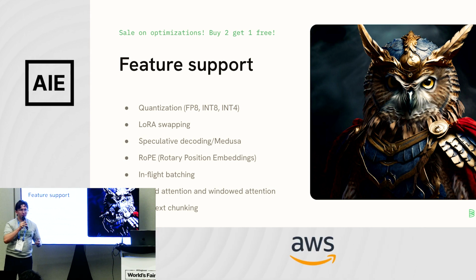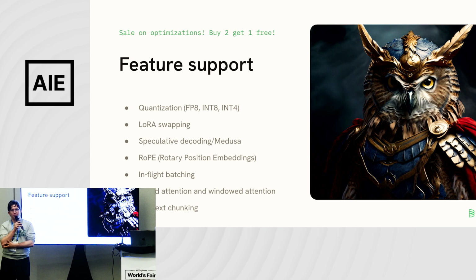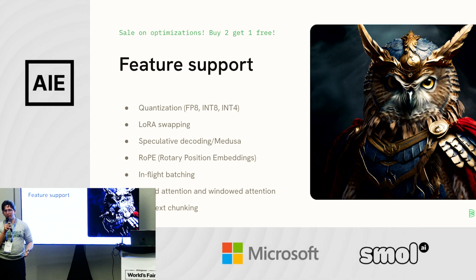That's great when you have memory bandwidth restrictions. There's also in-flight batching and paged attention. There's a ton of different optimizations supported by TensorRT-LLM for you to dive into once you have the basic engine built.